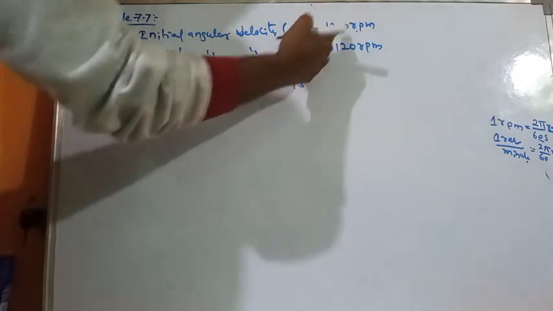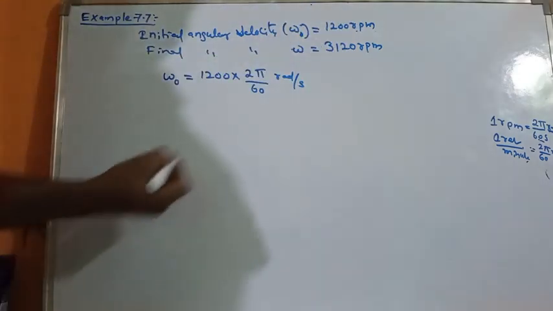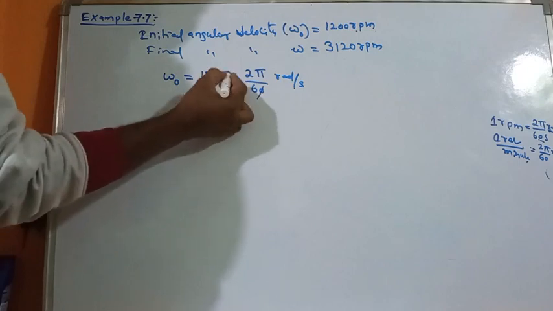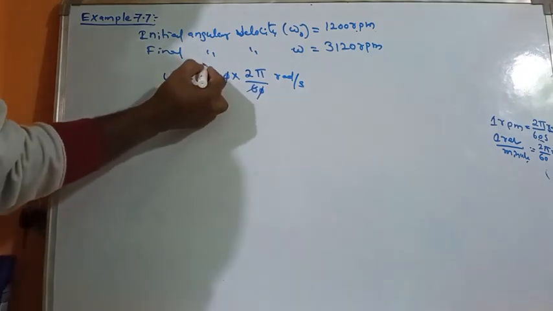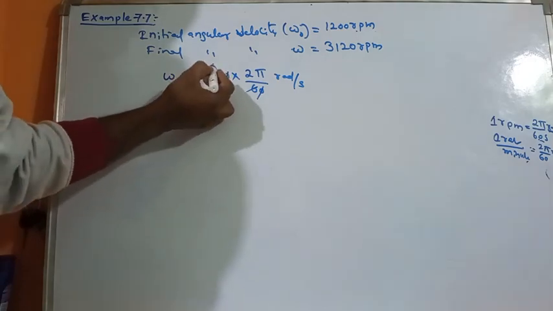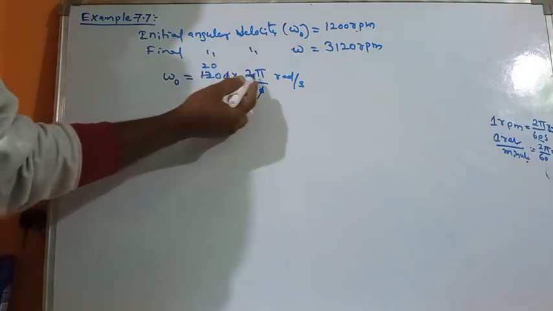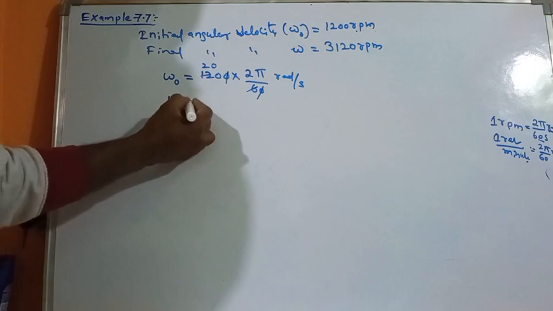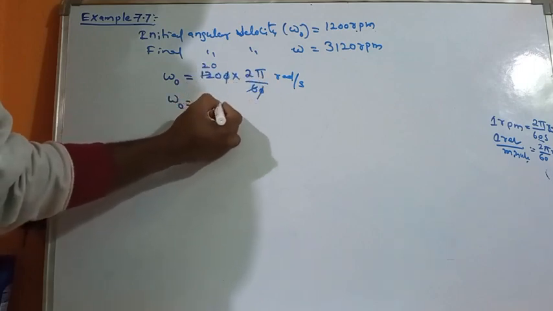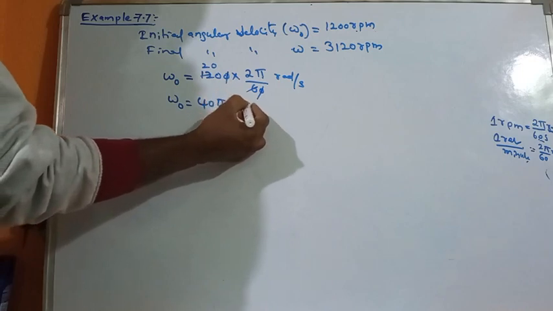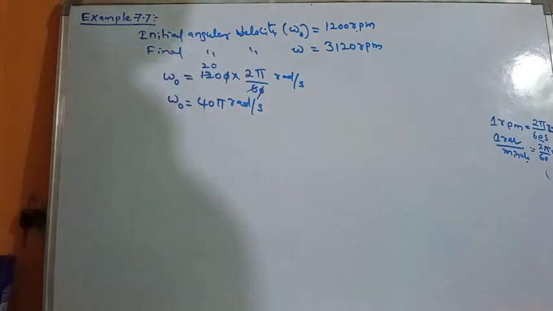We multiply by 2 pi by 60 radians per second. Here the 0 cancels, 6 ones are 6, 6 twos are 12, so another 0 is there, that is 20. So omega naught is equal to 2 pi into 20, that is 40 pi radians per second.